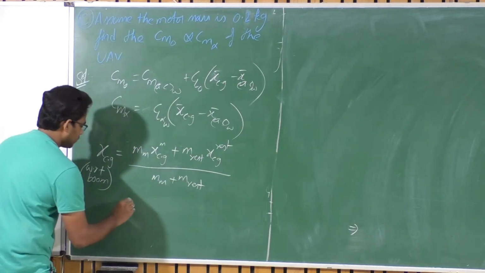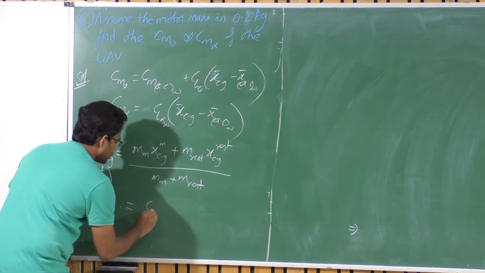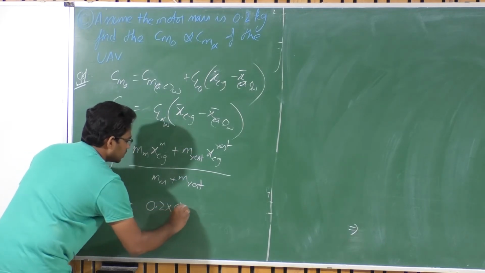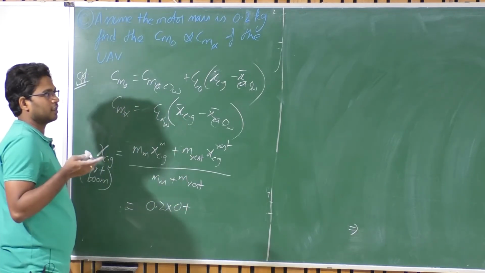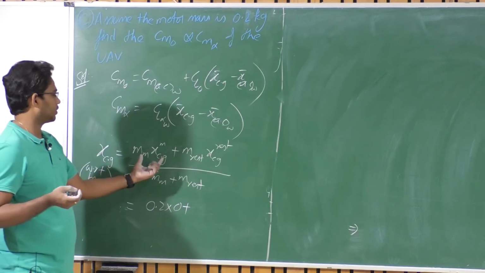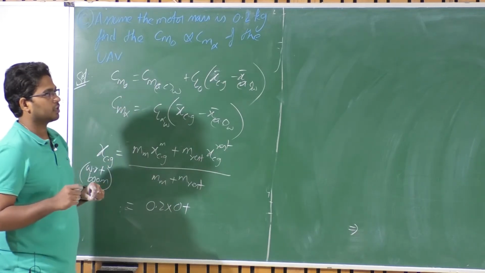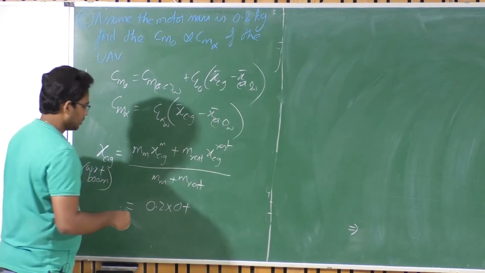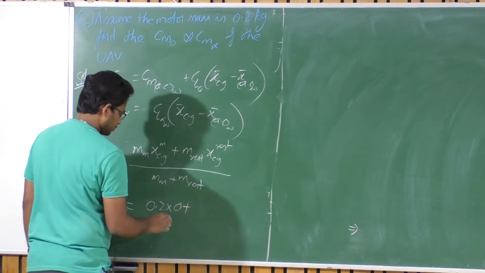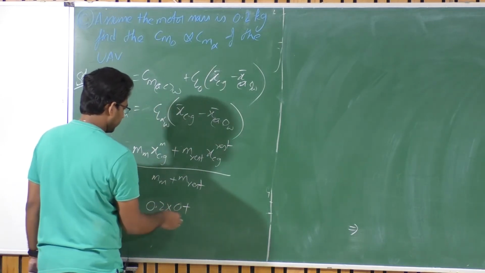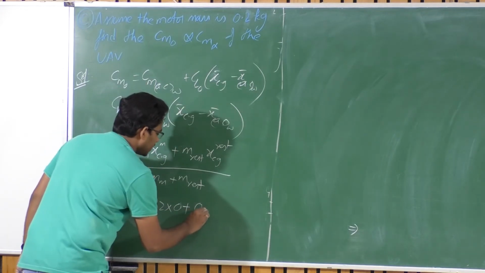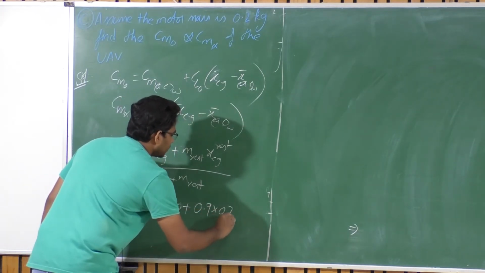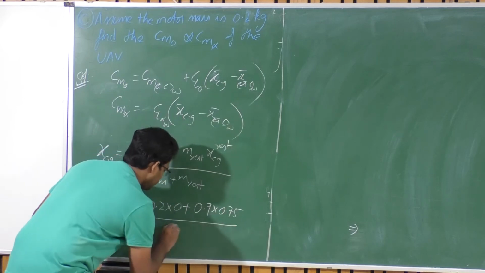This equals mass of motor 0.2 times 0, because we are mounting exactly at the starting of the boom and assume the CG of the motor coincides with the starting point of the boom, plus the mass of the rest, 0.9 kg, times 0.75, upon 0.2 plus 0.9.